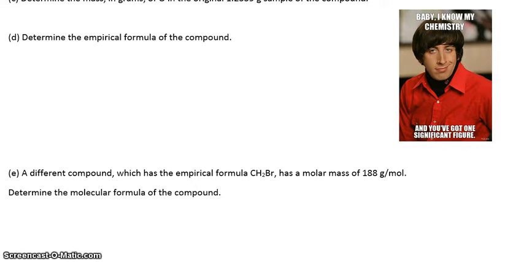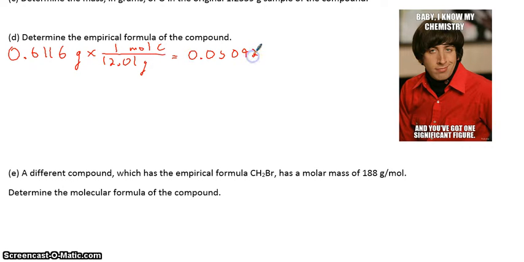So we have here our mass of carbon was 0.6116 grams. So percent to mass, these are already in mass, so mass to mole. We have to divide by molar mass to get to mole. So we're converting to mole. A mole of carbon is actually 12.01 grams, and that gets us 0.05092 moles of carbon.